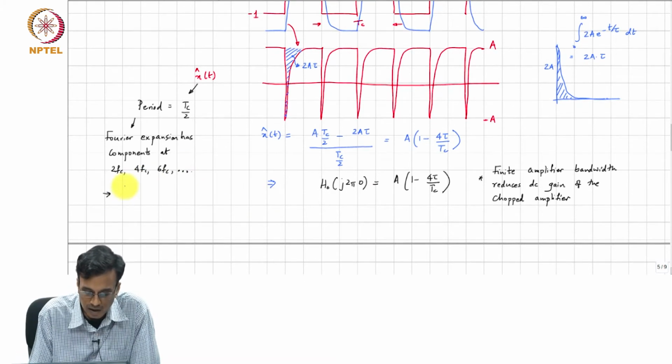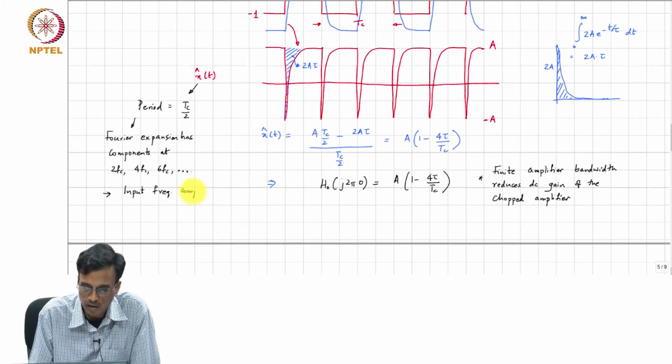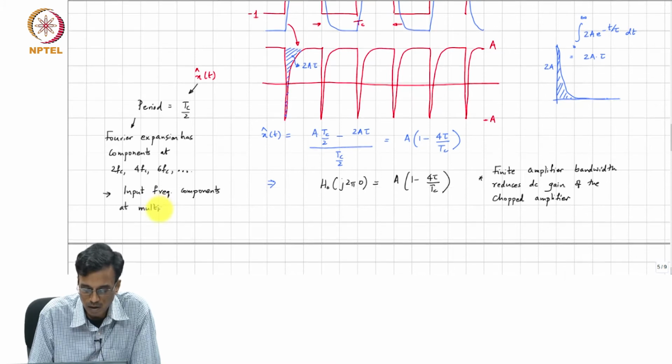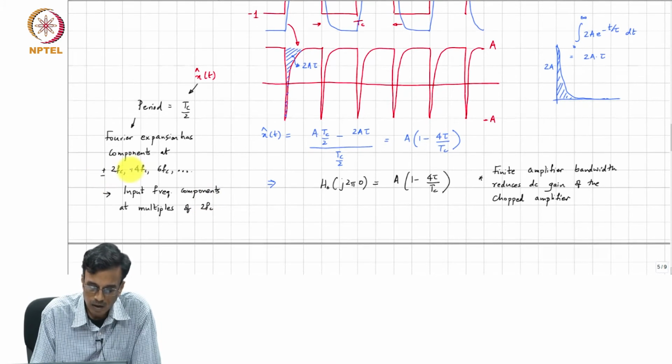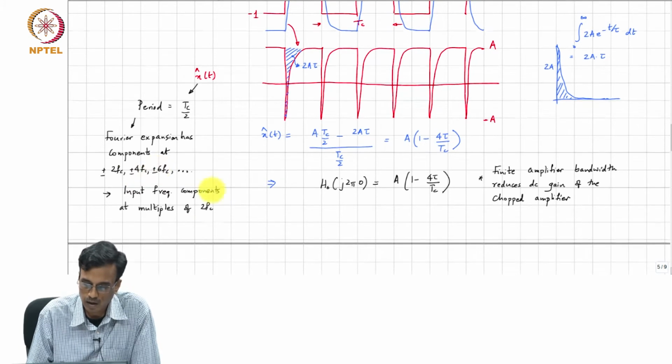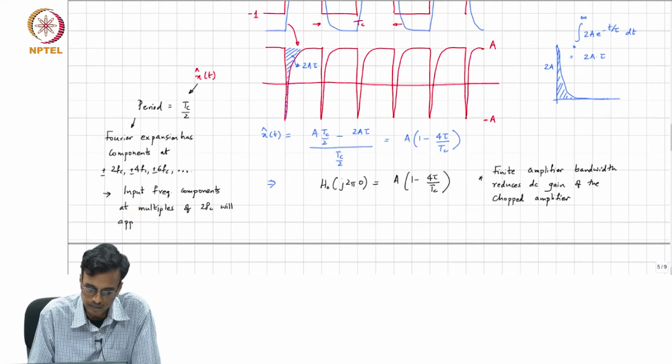This means that input frequency components at multiples of 2Fc will appear as DC at the output.